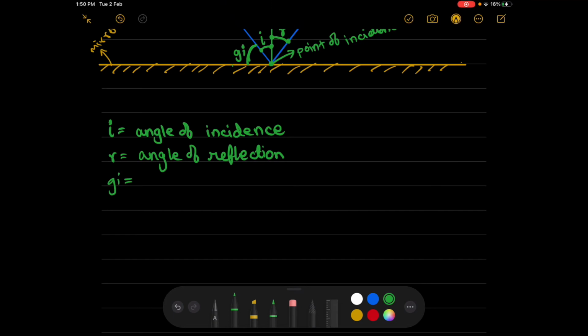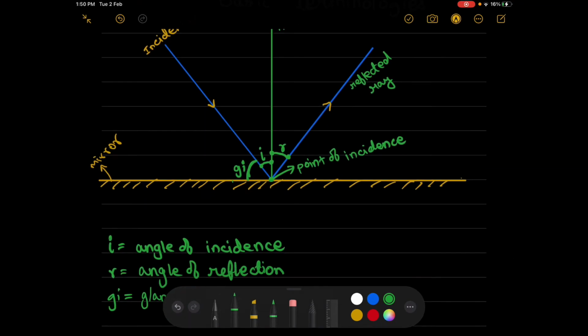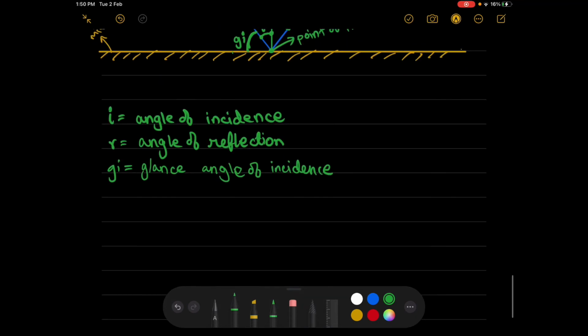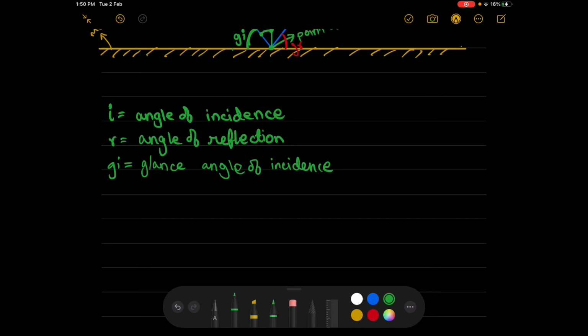It's not meant to be used, but it is known as glance angle of incidence. This is the angle made by the mirror with the incident ray, that is glance angle of incidence. And same with here, GR. What is GR? Glance angle of reflection.